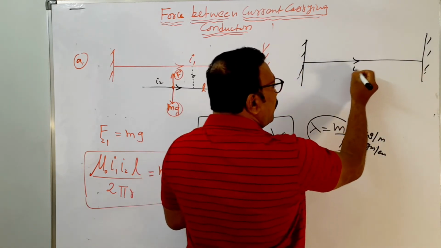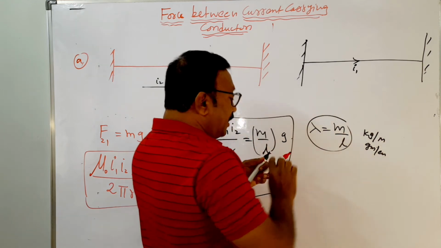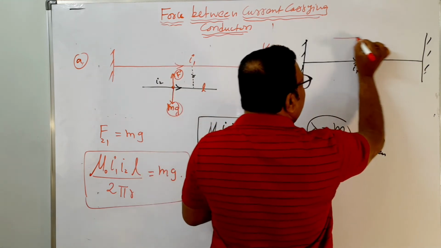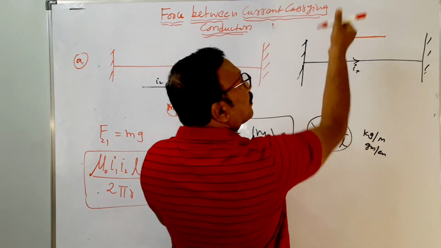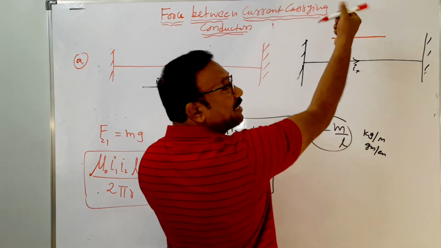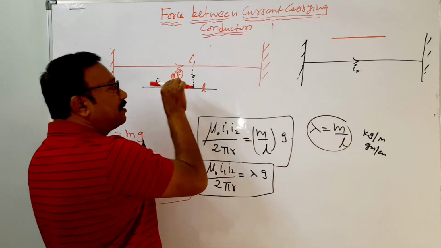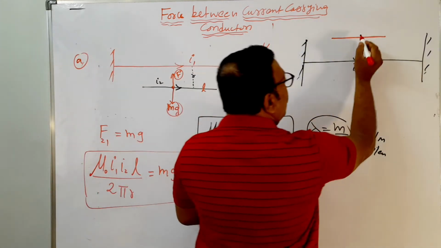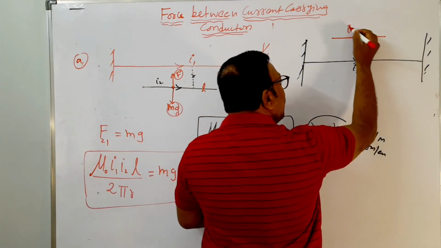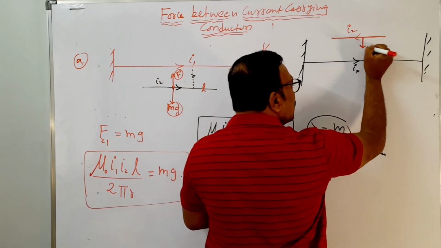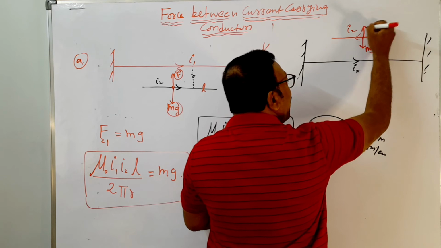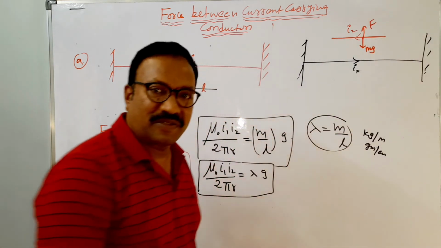Current I1 is flowing like this, but another wire is in space. It is floating in space. How is it floating here? Here also it is floating. So this current will be in the opposite direction. Then what happens is the weight of this wire will be balanced by repulsive force.